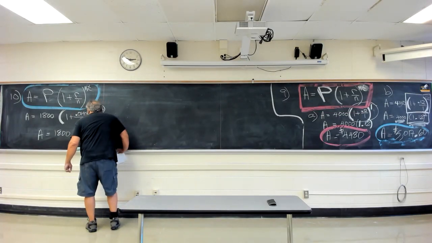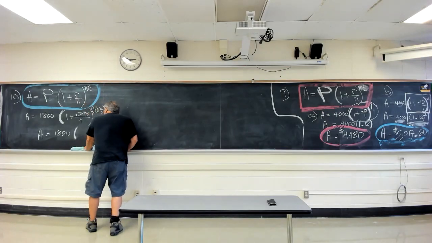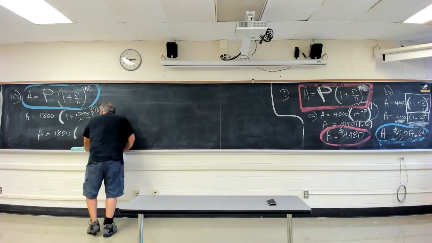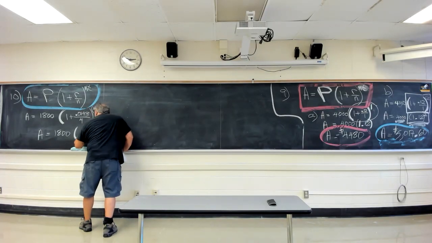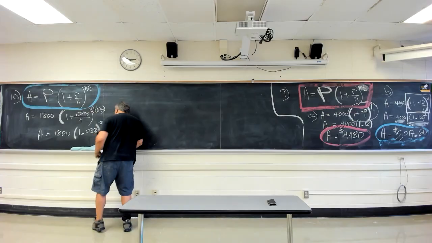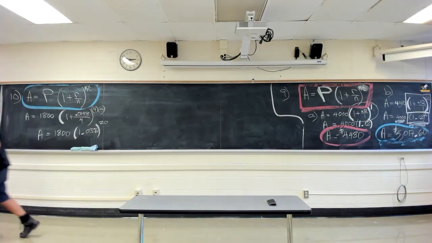We've got this right here, which is its own little dynamic, I guess you could say. 0.0356, 1.0356. 4 times 5 is 20. I don't know that that's right, guys. I'm trying to do a little bit of this in my head.